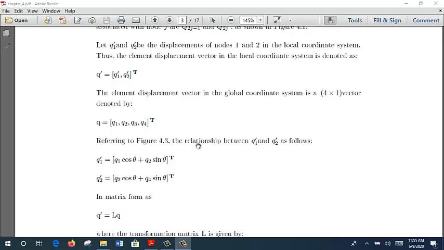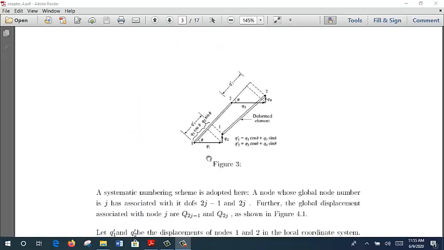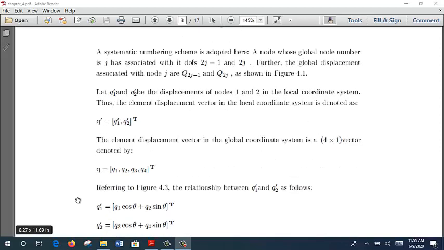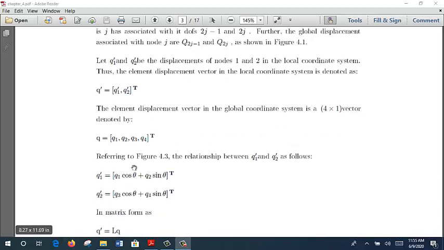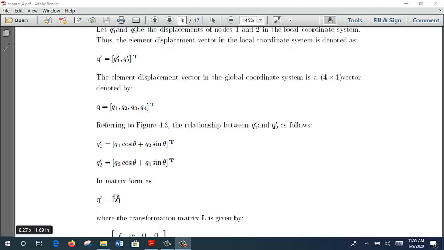Referring to figure 4.3, the relationship between Q1 prime and Q2 prime is as follows. As I explained before, in matrix form, Q prime is equal to LQ.